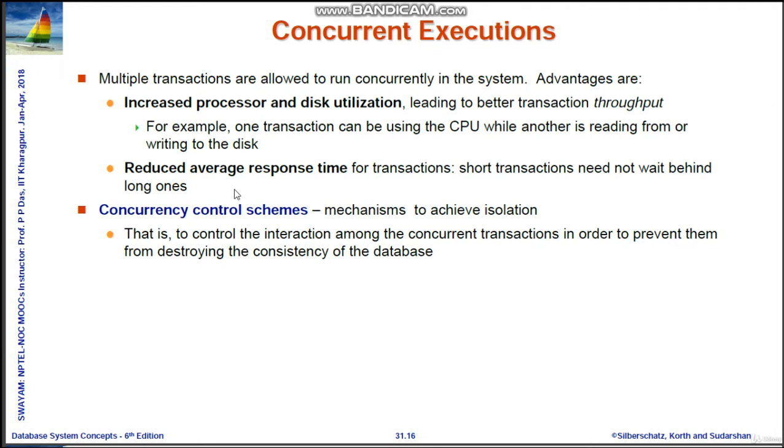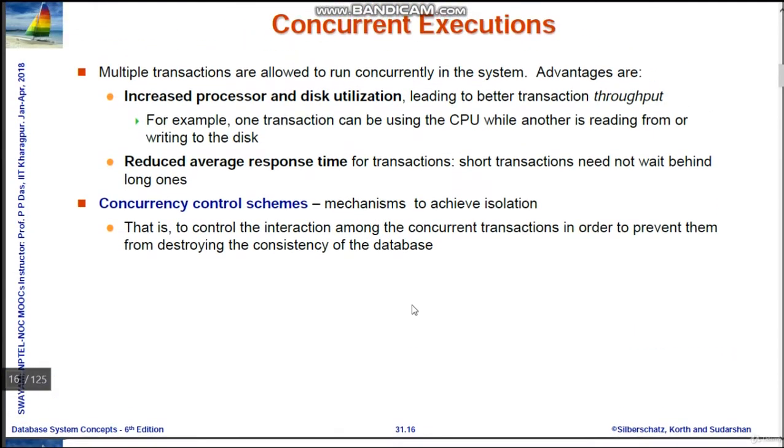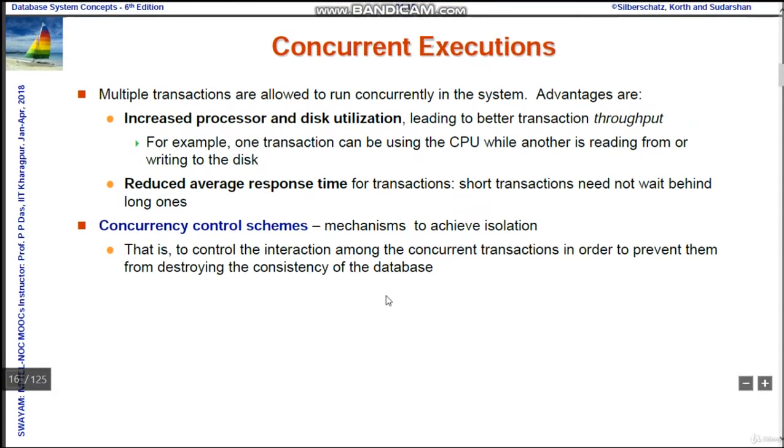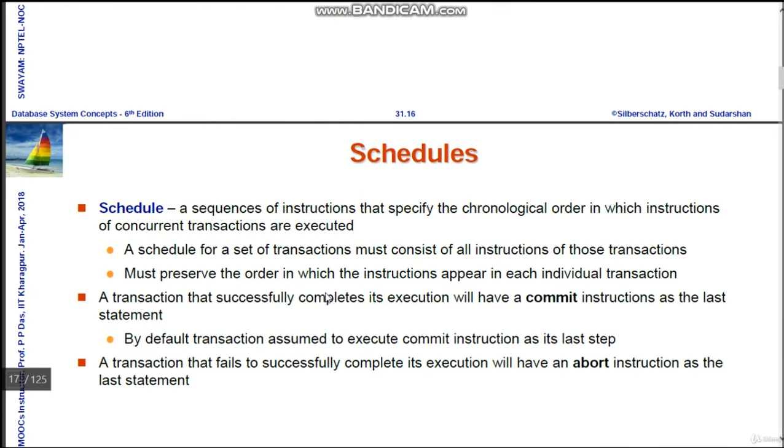That is, to control the interaction among the concurrent transactions in order to prevent them from destroying the consistency of the database. Our database has many data items, and many are shared, so we have to manage these so that our system will not go into inconsistent states.